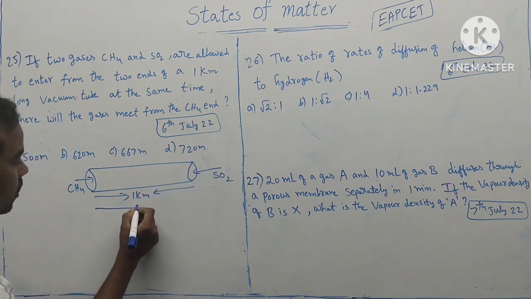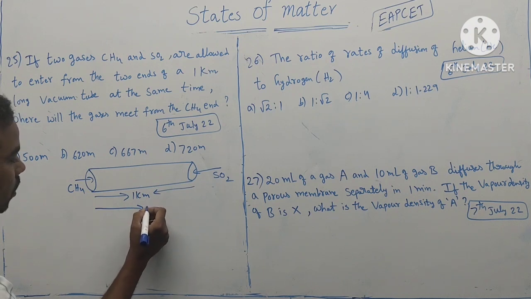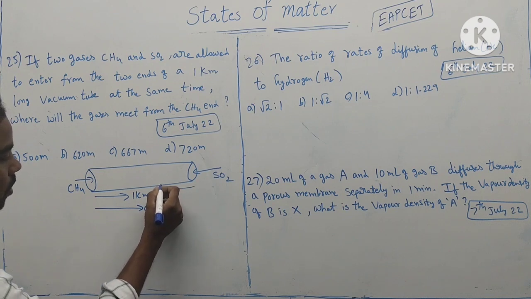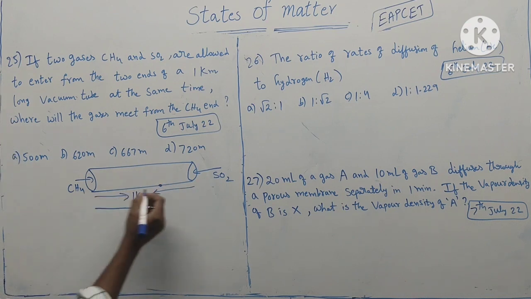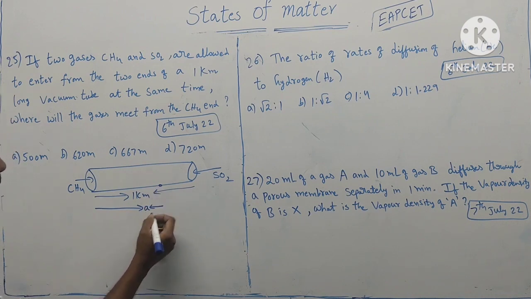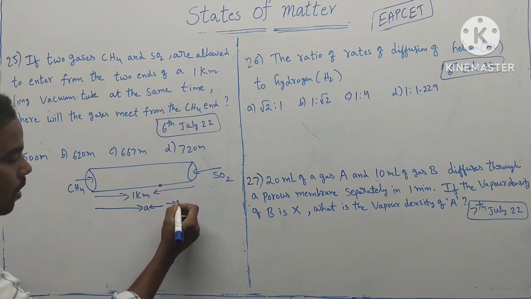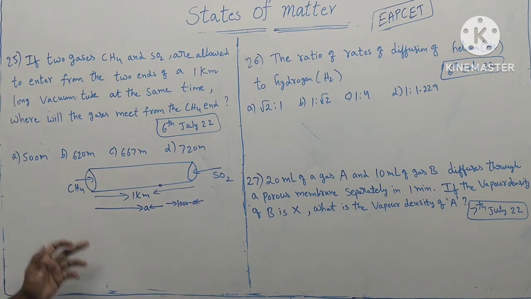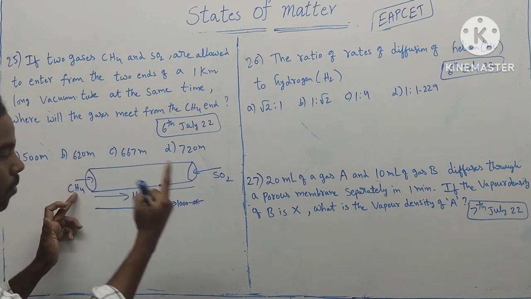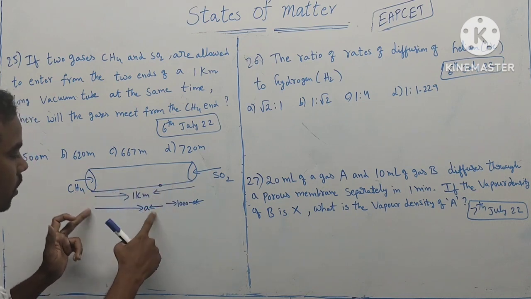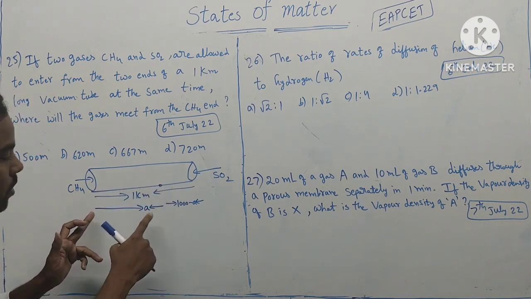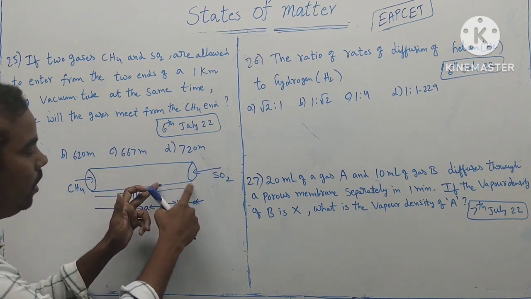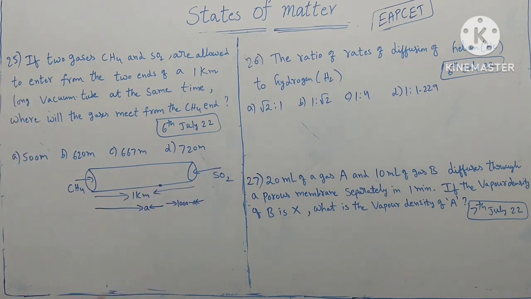If the distance where CH4 meets SO2, measured from the CH4 end, is A, the remaining distance is 1000 minus A.